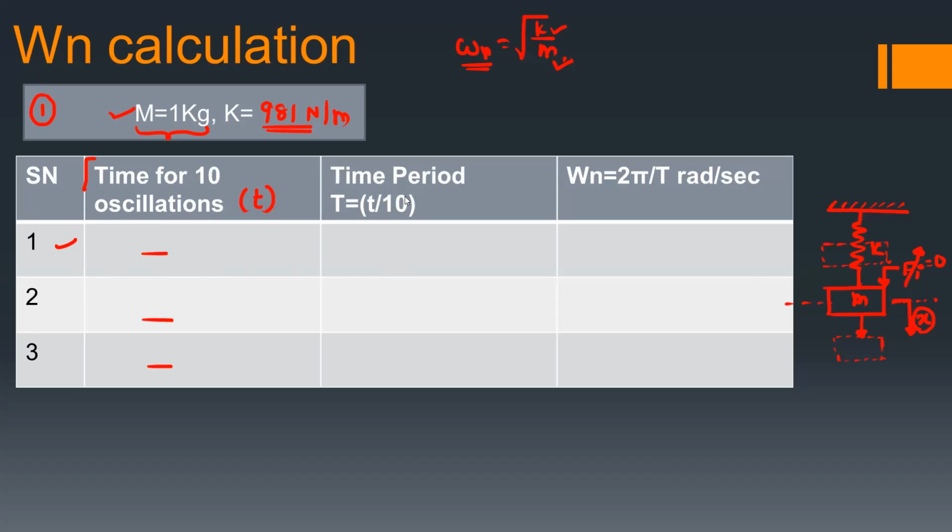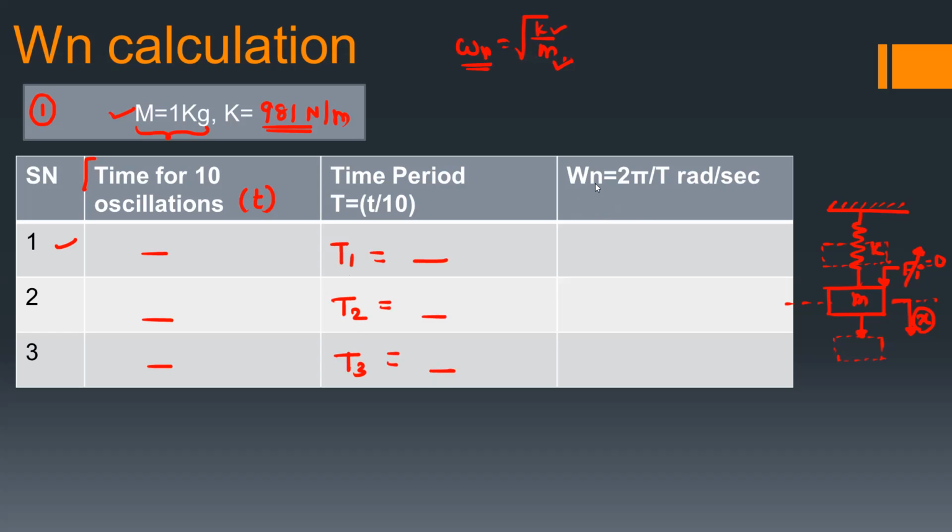Then to calculate the time period, we divide this total time by 10 oscillations. So this is T1, this is T2, and this is T3. Ideally we should get the same t1, t2 and t3, but due to measurement error we may get some variation.